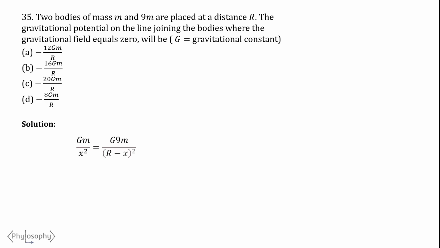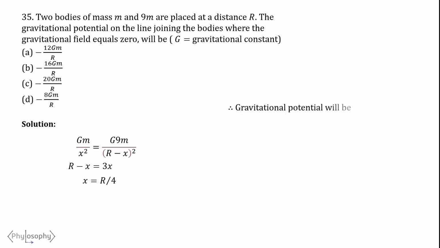Therefore under this condition we can write GM over x square equals G times 9m over (r minus x) square, which gives r minus x equals 3x, or from this we can determine the value of x, which equals r over 4. Therefore we can say that at a distance r over 4 from the mass m, the gravitational field is 0.